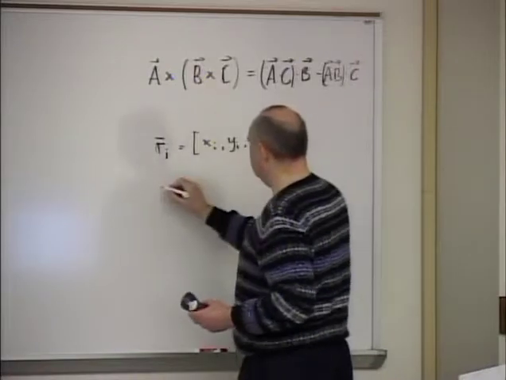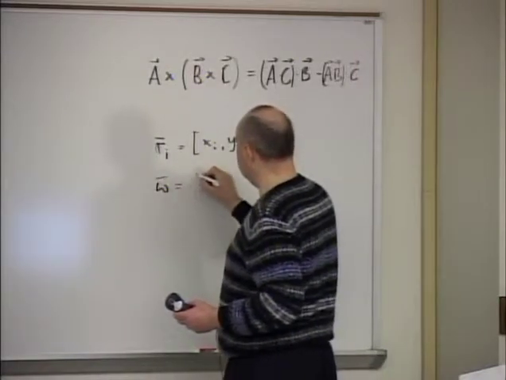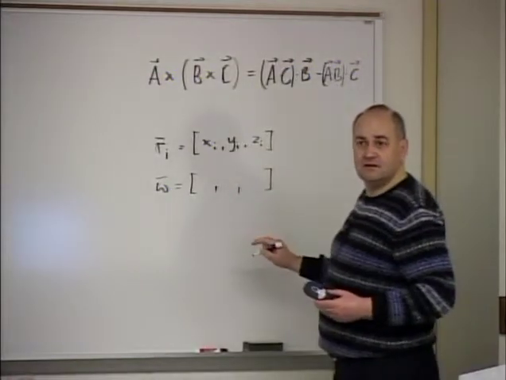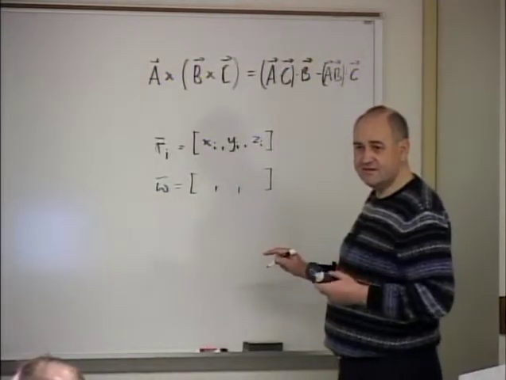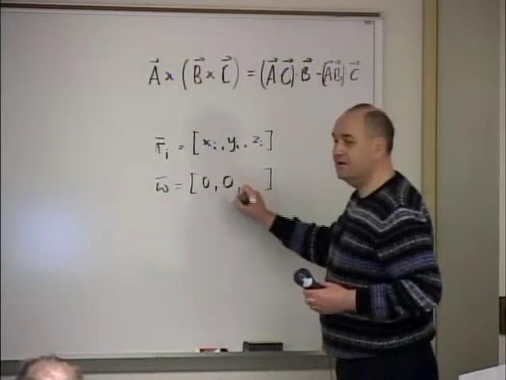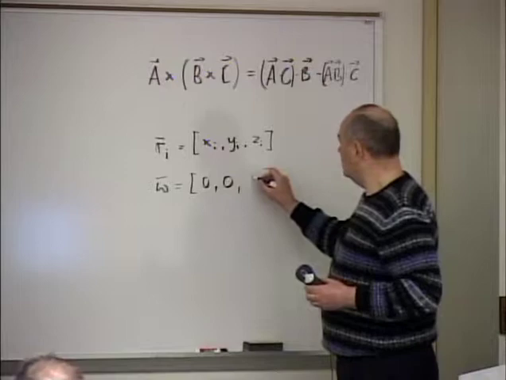Why don't I also write the components of angular velocity? What are the components of angular velocity? Look at the picture: 0, 0, omega.